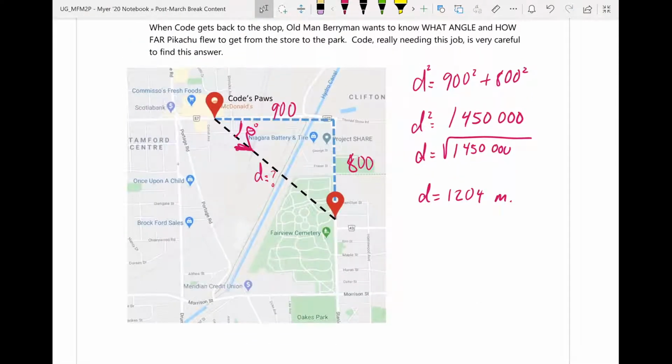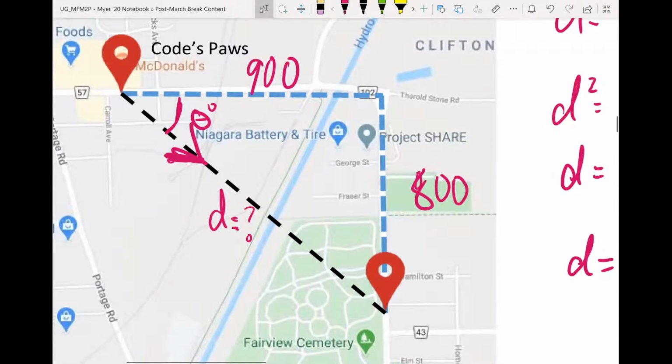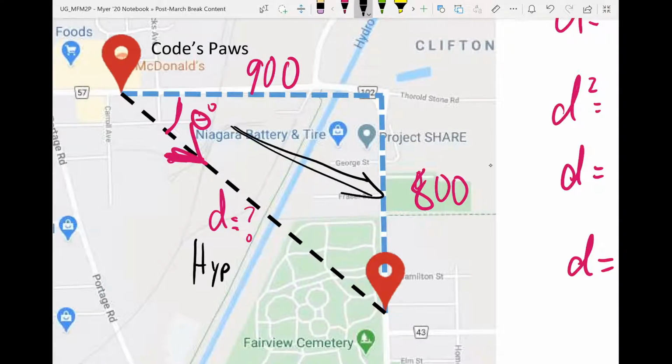Now I need to figure out the angle. So how am I going to figure out the angle? First you would label the sides. Yeah, so let's do that. What's the D one? It's the hypotenuse. The 800 is the adjacent. So this one's the opposite. Opposite, yes, sorry. And then that leaves that one as adjacent.